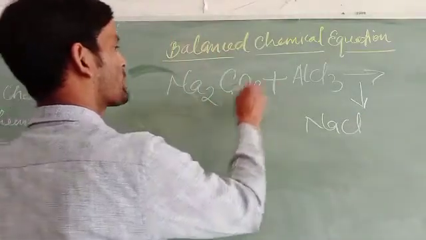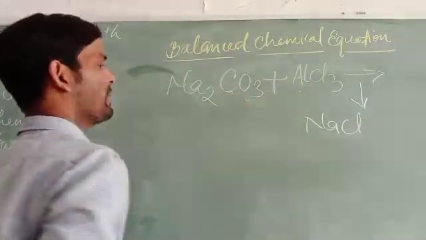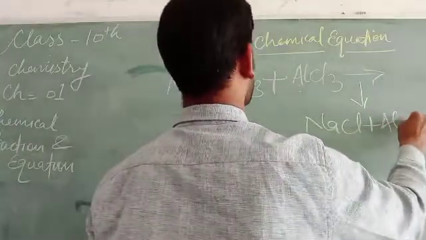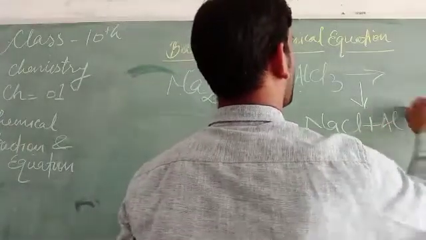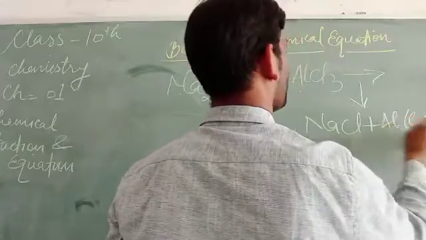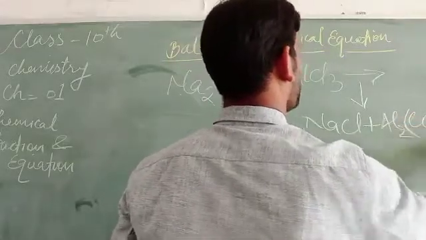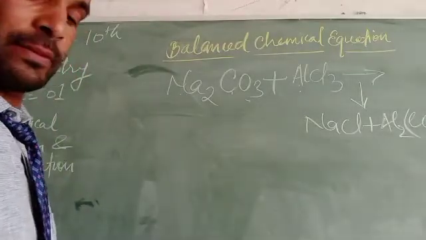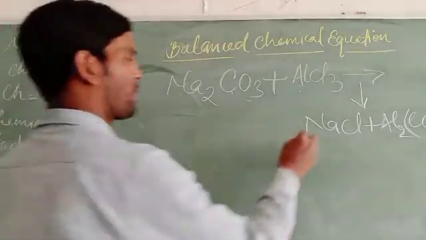The next is AlCl plus Al2(CO3)3, Al2(CO3)3 whole twice, and in this manner we have to balance.